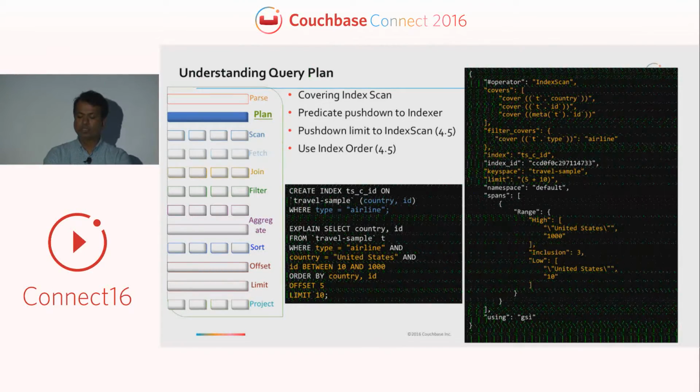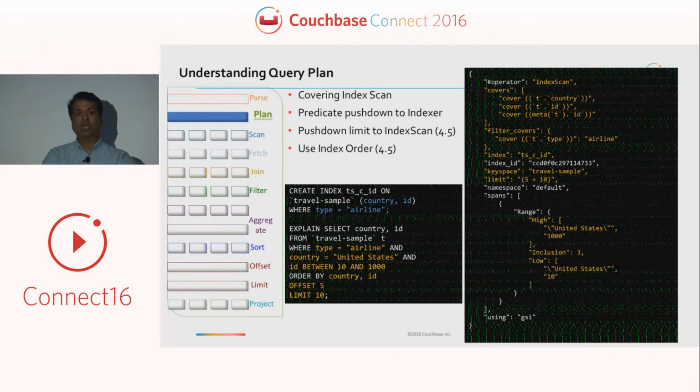So we have chosen the index TSC ID for this, because the index has the complete data. If you see the projection list of the select statement, we are just projecting country and ID. So the index has all the information that we need for the query. That's why, whenever an index completely has the data that the query needs, you see additional information in the explain called cover.